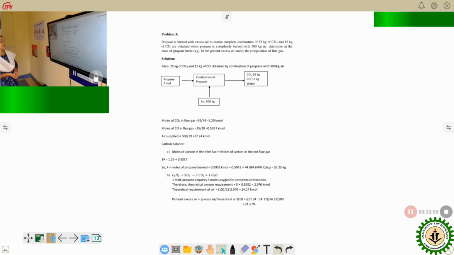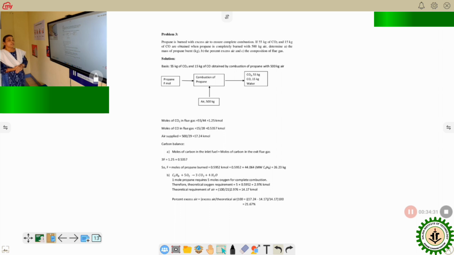It comes to 14.17 kilomoles. Now the supplied air is 500 divided by 29, that is 17.24 kilomoles. So the excess air is the supplied amount minus the theoretical amount, 17.24 minus 14.17, divided by the theoretical amount, 14.17, times 100. It comes to 21.67 percent.